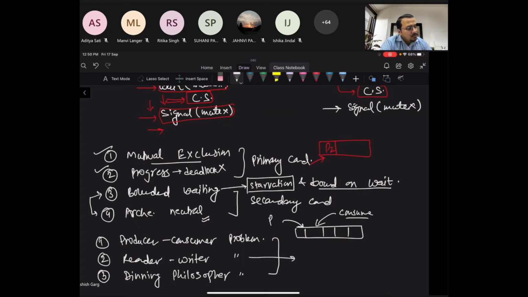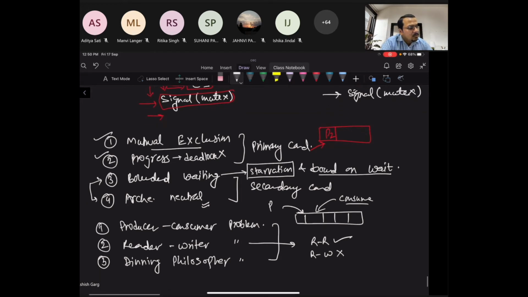Reader writer problem: read after read is allowed, that is, two or more readers can read simultaneously. But whenever a reader is reading, a writer must not be allowed, because if somebody writes while one is reading, the reader may read the wrong answer. Similarly, when someone is writing, another person should not be allowed to read or to write.